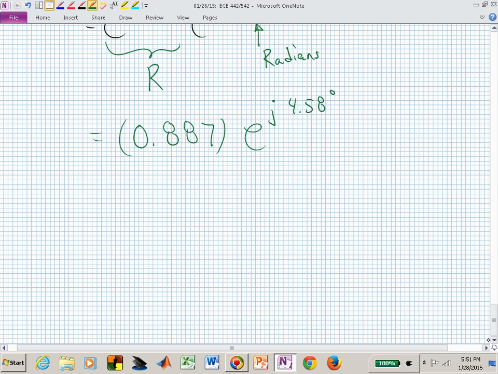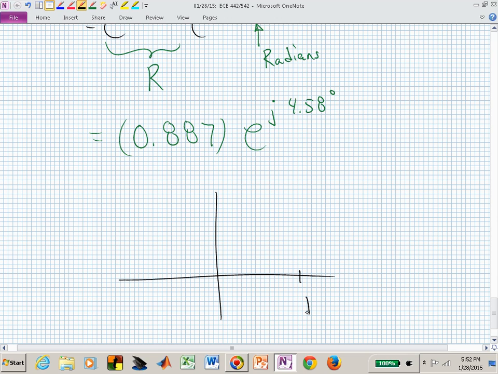Can you plot that in a complex plane? You've done polar numbers in 220, so maybe I shouldn't have discounted 220 so much at the beginning of class. This is now a value, a magnitude of 0.887 at an angle of 4.58 degrees. You can see that in a complex plane. We've now mapped minus 3 plus j2 in the s-plane.